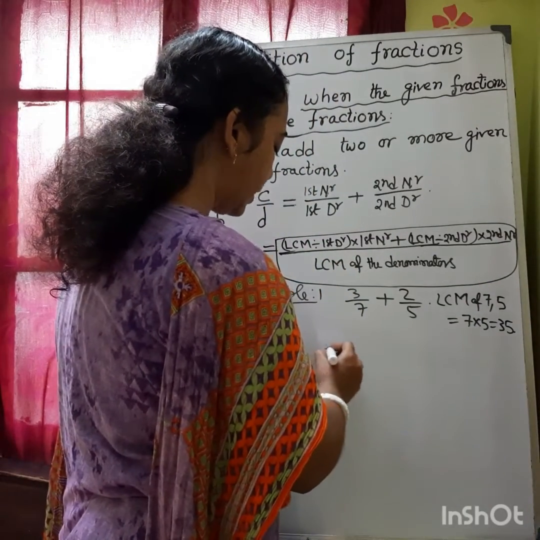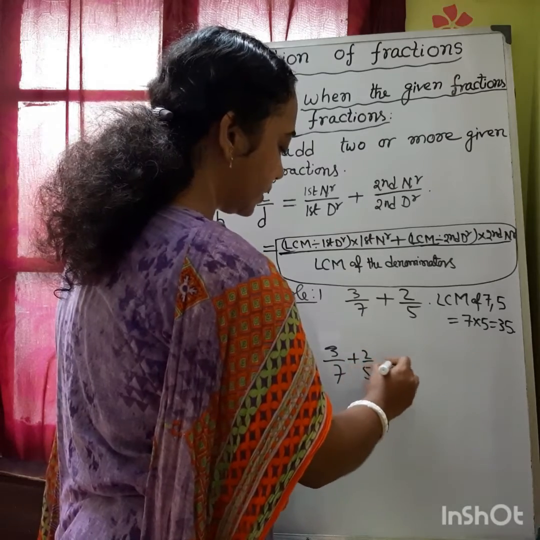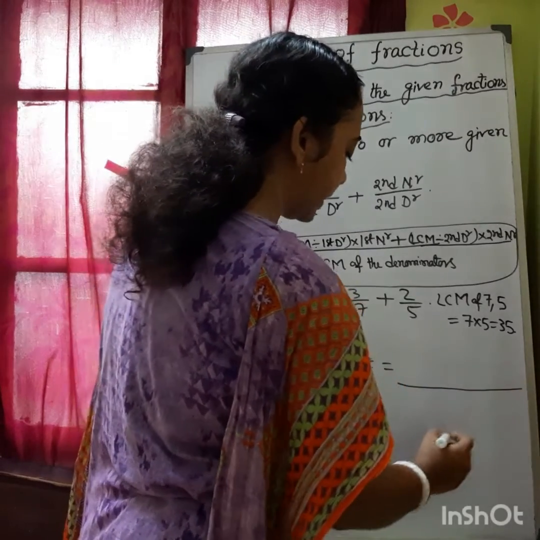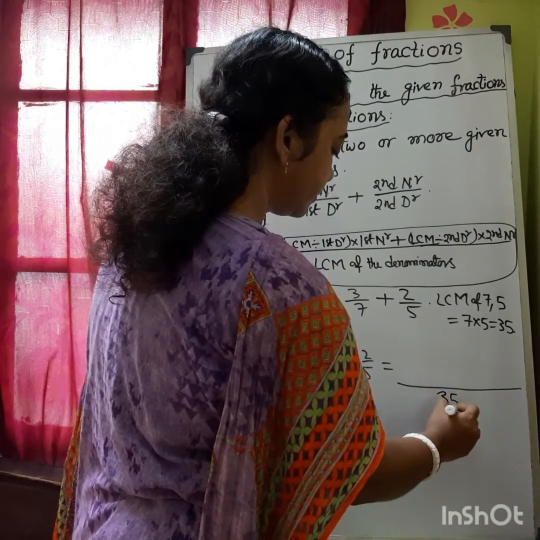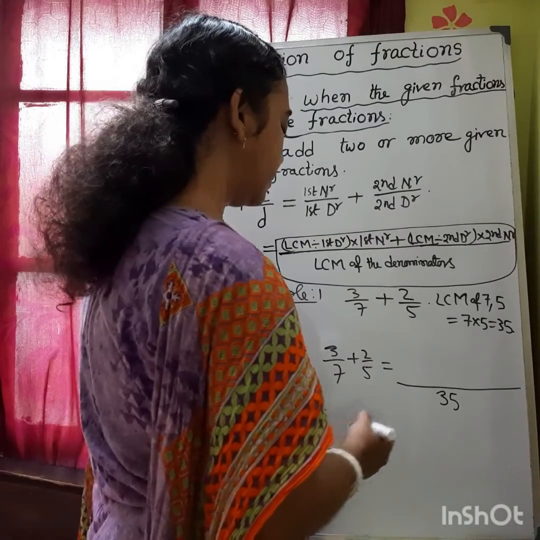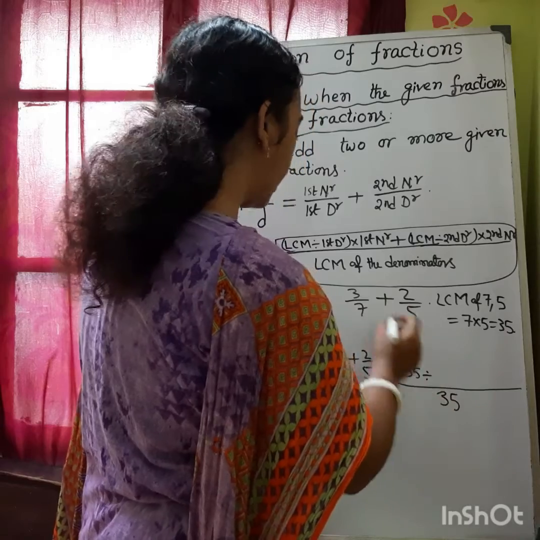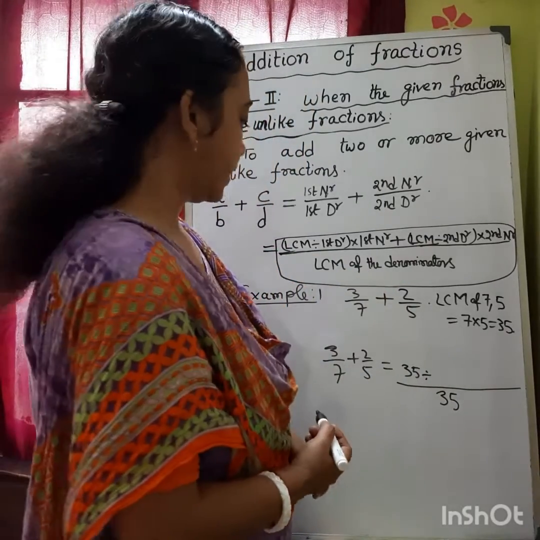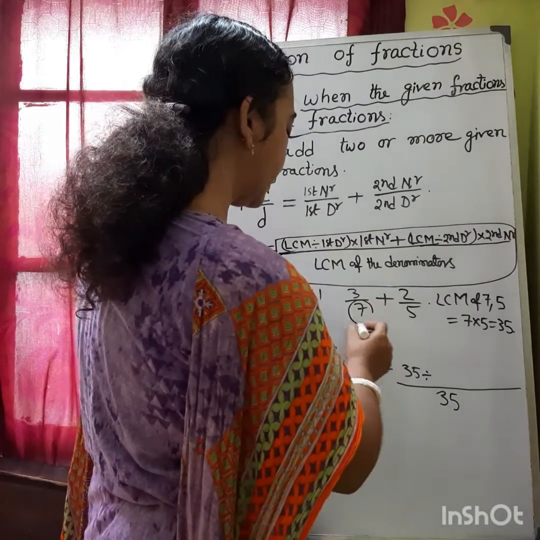So we write the sum of 3 by 7 plus 2 by 5 is equal to, first we write the LCM, 35, in the denominator. Then in the numerator, according to this rule, it is the LCM divided by the first denominator. What is the first denominator? That is 7.